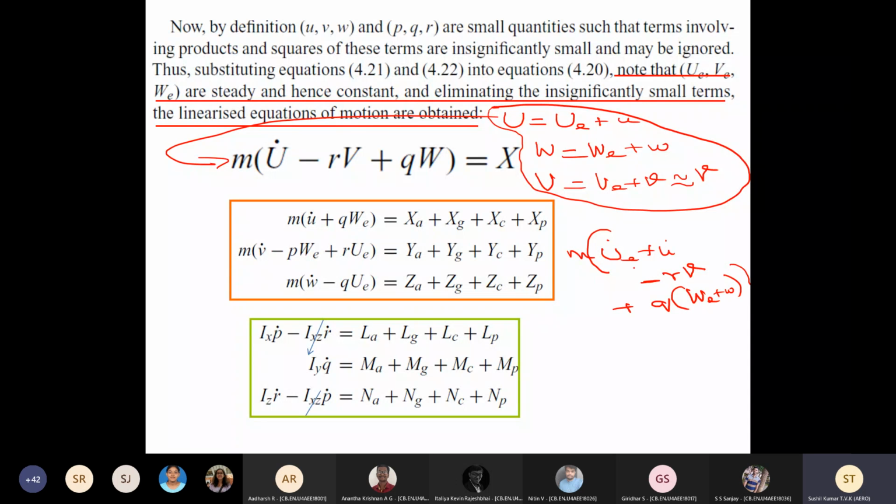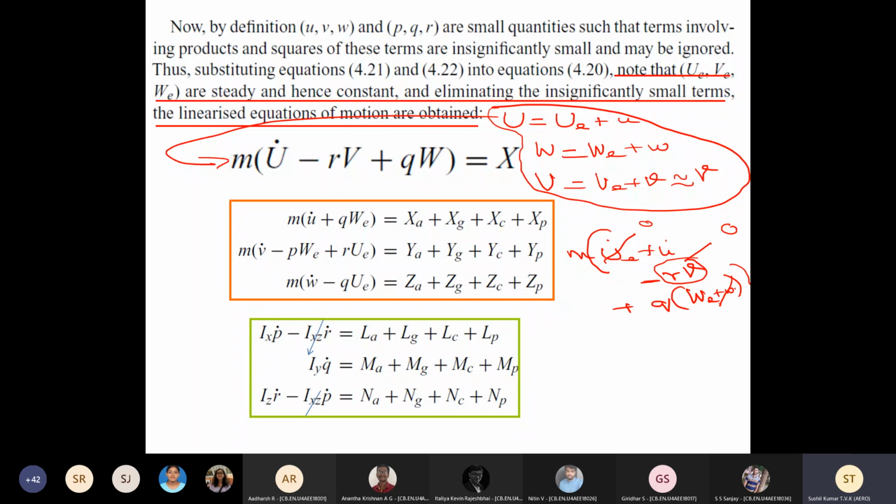Now if you see UE dot, UE is a constant value, so UE dot is going to be 0. R times v is a product of two small quantities, so I can safely say it is 0. Q into small w is also going to be a very small quantity. So what we are left with is only Q times WE.